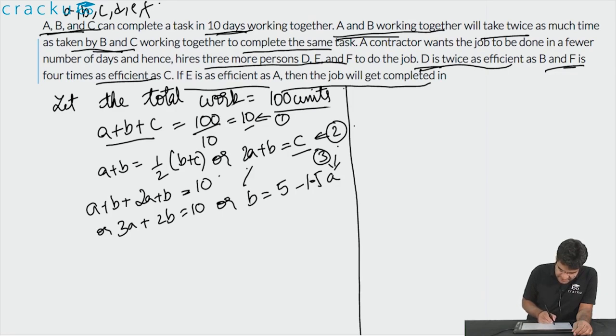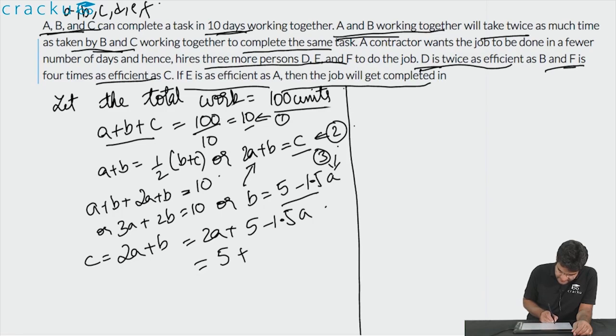Now we will substitute this in the second equation to get C in terms of A. C is equal to 2A plus B, but B is equal to 5 minus 1.5A. So this is equal to 2A plus 5 minus 1.5A. So C is equal to 5 plus 0.5A. This is the value of C.